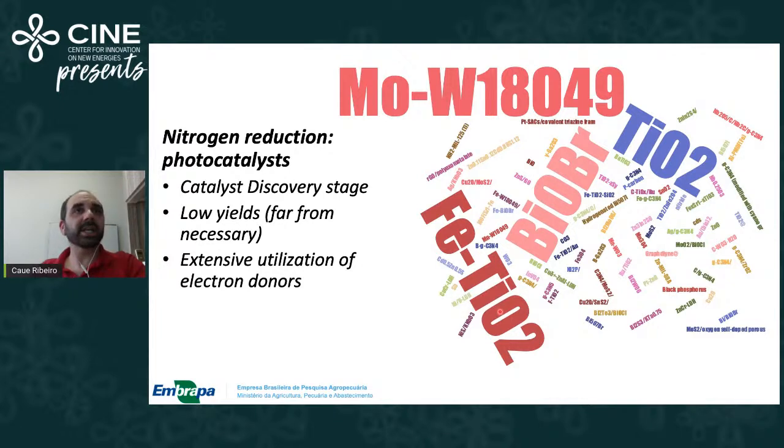So we understand that in that topic, we are still in the catalyst discovery stage, because the production yields are still very, very low, too far from the necessary yields for fertilization.